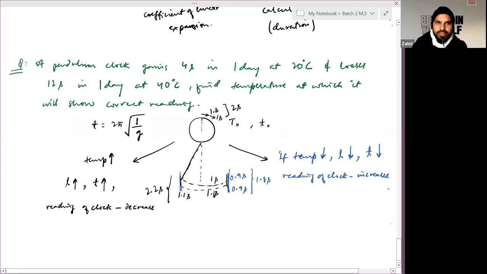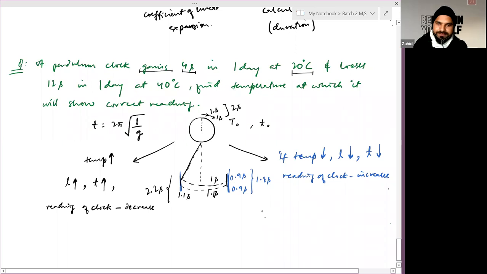Okay. So according to the above question, a clock gains 4 seconds. So in which case it will gain some amount of time, first case or second case? When temperature is decreased. So this particular temperature will be smaller as compared to T naught.